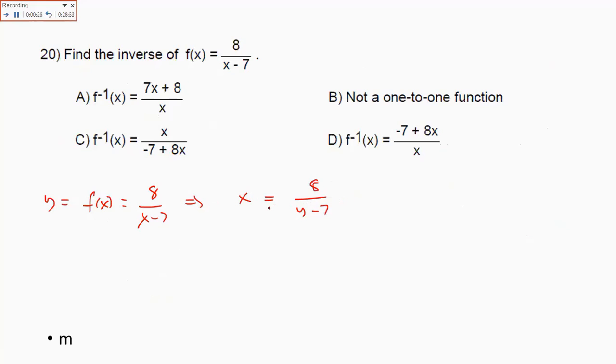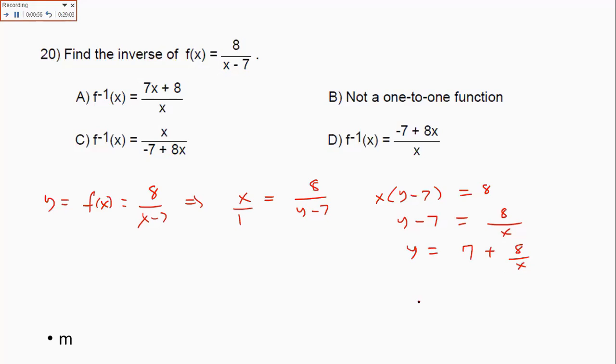Cross multiply, you get what? x times y minus 7 equals 8, right? Correct? That means y minus 7 equals 8 over x, right? That means y equal to what? 7 plus 8 over x.